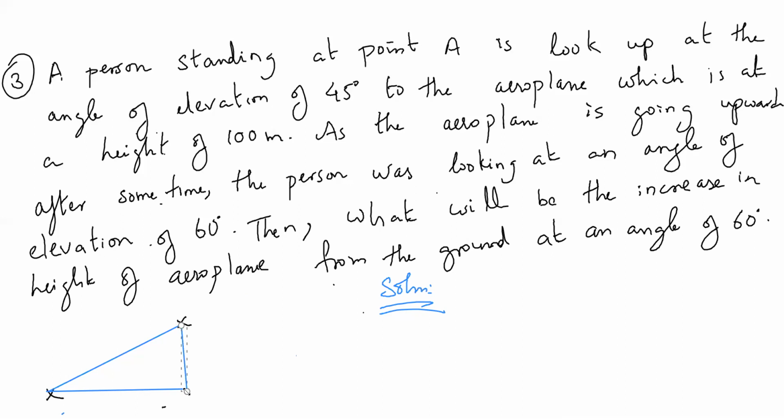First time he's looking at an angle of 45 degrees. Then afterwards, he's looking at an angle of 60 degrees. So first one is 45 degrees, so to 45 degrees, we will draw a line.